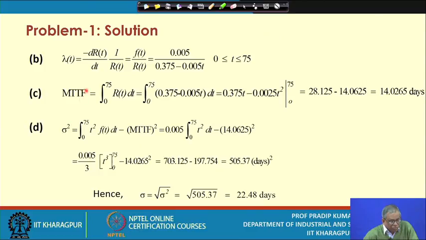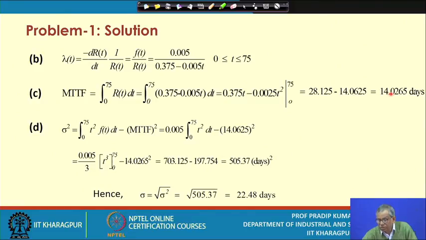Now, how do you compute mean time to failure? Again from 0 to 75, that is it must survive up to 75 days, the integral of R(t) dt. That means this is basically the mean value you calculate. So, that particular formula you use, and the R(t) expression we have already derived, 0.375 minus 0.005t, into dt.